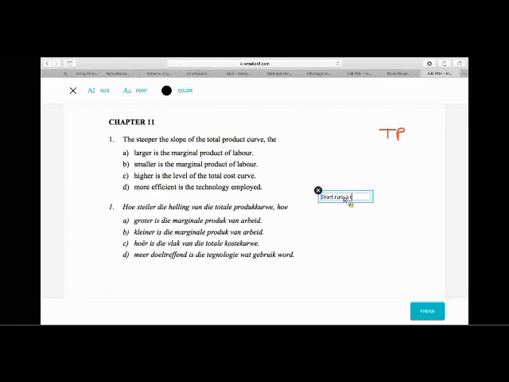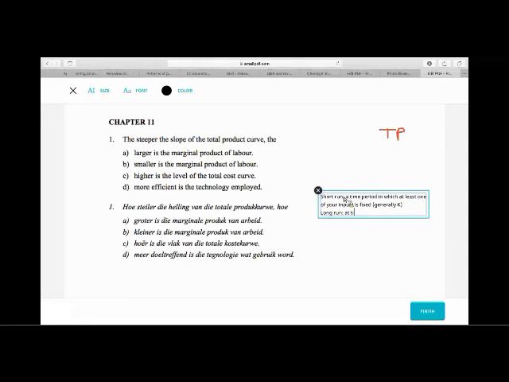So the short run is defined as a time period in which at least one of your inputs is fixed, and that is generally capital. The long run is then defined as a time period in which all inputs are variable. So in the long run, you can change your capital and your labor. In the short run, you're only able to change your labor.